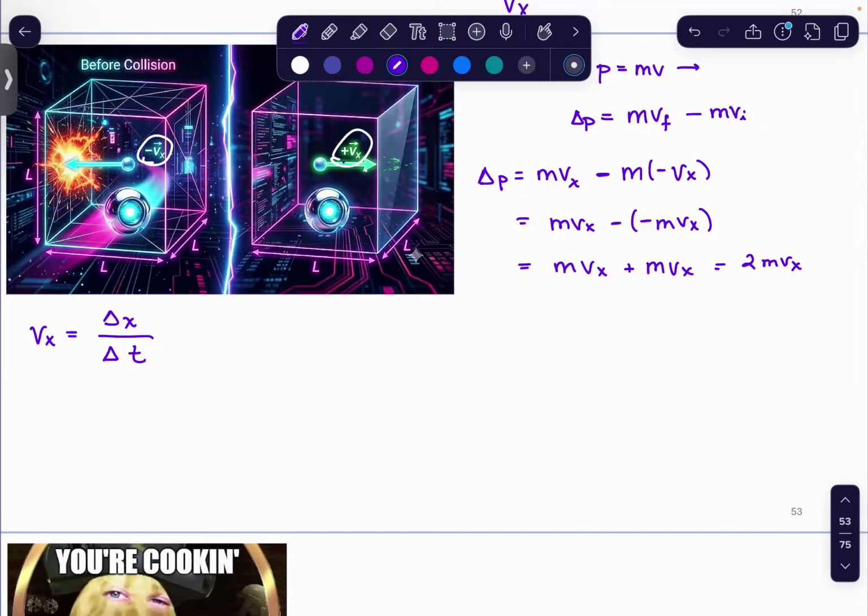Okay, so I want to know how long it takes. So I'm going to use a little algebra, and I'm going to get change in x over Vx. Now, we talked about that change in x. That change in x is change in position. It goes from here to here, so 1L, here to here, 2L. So change in x is 2L.